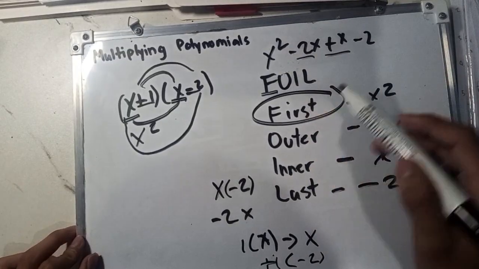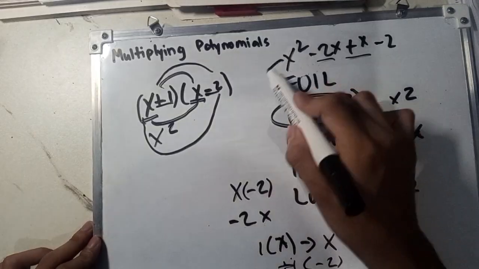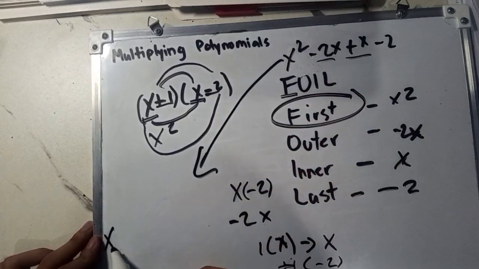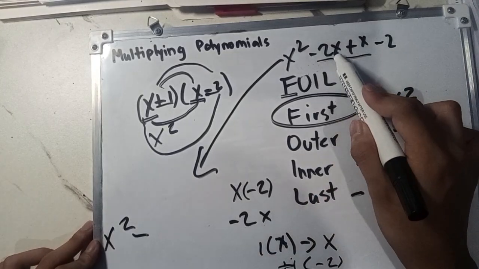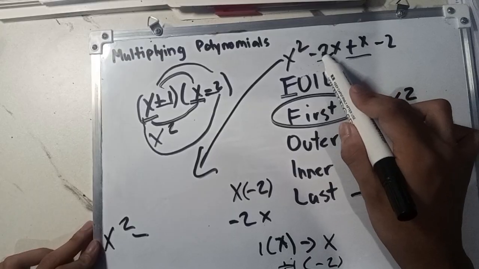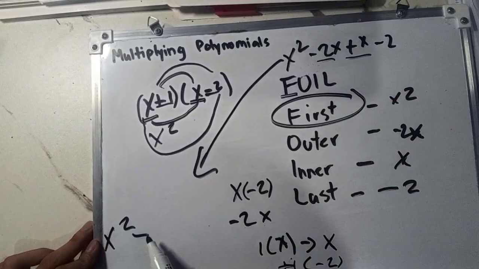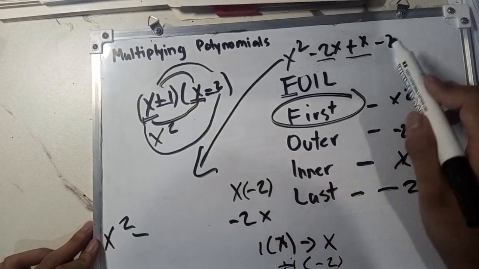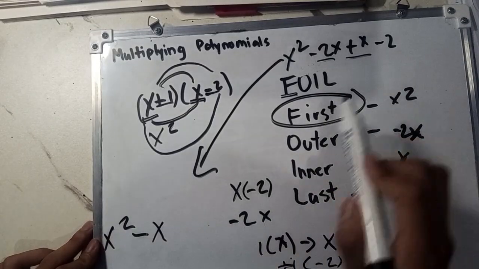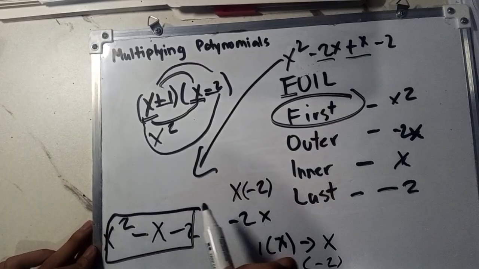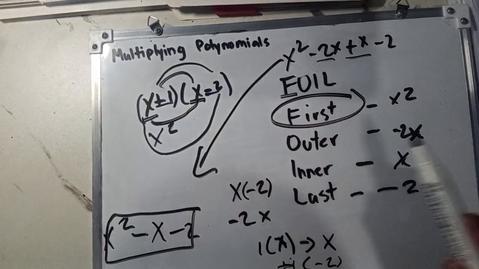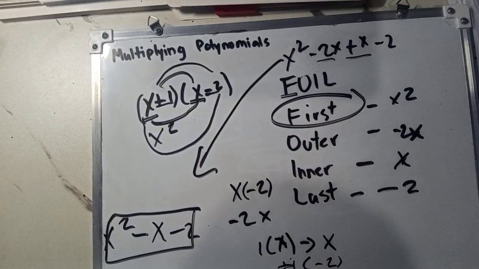So we will have a value of x squared minus, okay, 2 is bigger, so negative. So 2 minus 1, that is x, minus 2. So the answer for this binomial by binomial is x squared minus x minus 2.